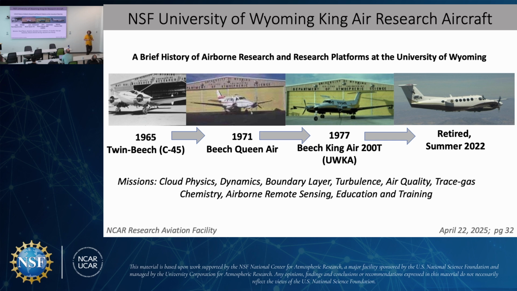Its primary mission, at least when it was originally developed, was to study cloud physics and dynamics, but it has expanded over time to include boundary layer turbulence, air quality, trace gas chemistry, remote sensing, and education and training, being the only national facility aircraft that's based at a university now.